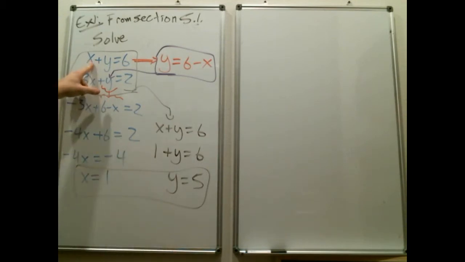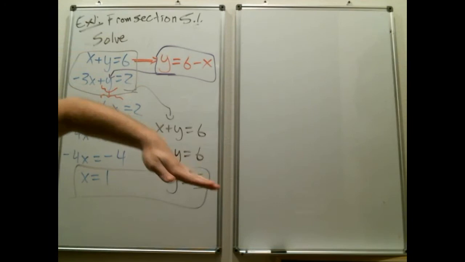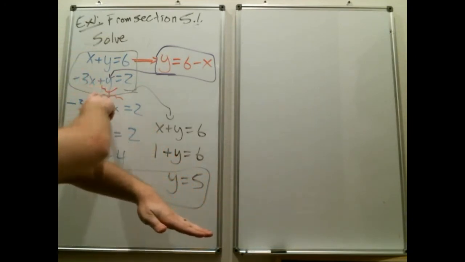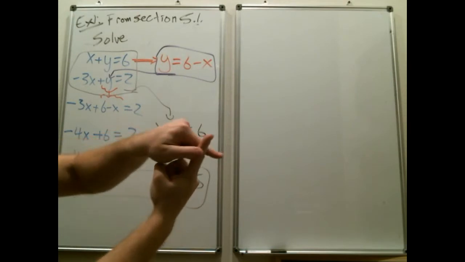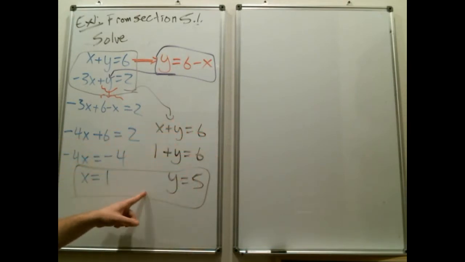So this particular line could be going like this, down, and this other graph could be going like this, and that particular point of intersection is where this x equal 1 and y equal 5 comes into play. And that's what solving systems of linear equations is about. It's finding that intersection point, and that's what matrices are going to let us do.